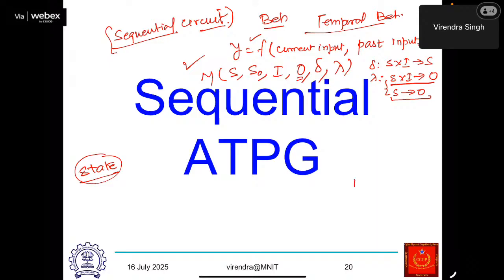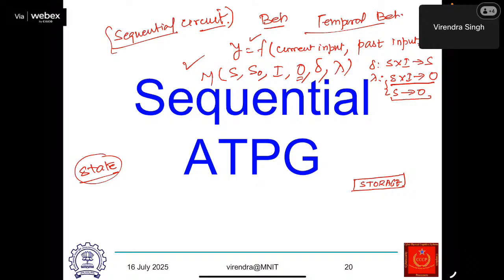Now in a sequential circuit, what I have is a state. So in order to memorize the state, I need to have a set of storage that stores the value. And for storage, we are using flip flops.